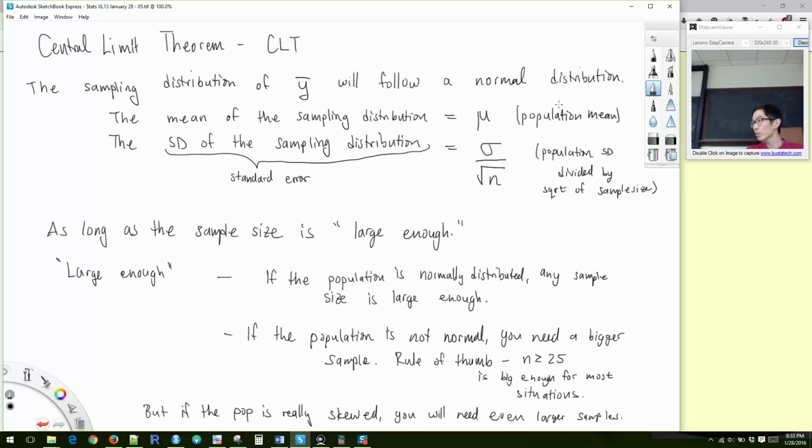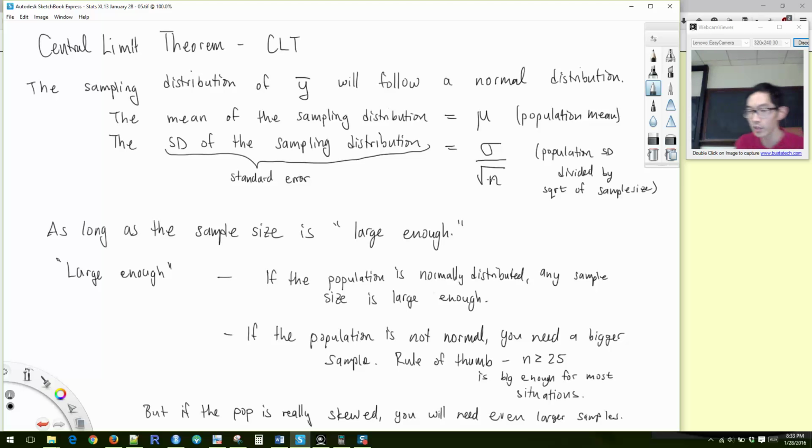Which is a rather remarkable conclusion, because we don't know what the population looks like, but we do know that y bar will follow a normal distribution, that it is centered around the population mean, and that the sampling distribution of y bar has this standard deviation.